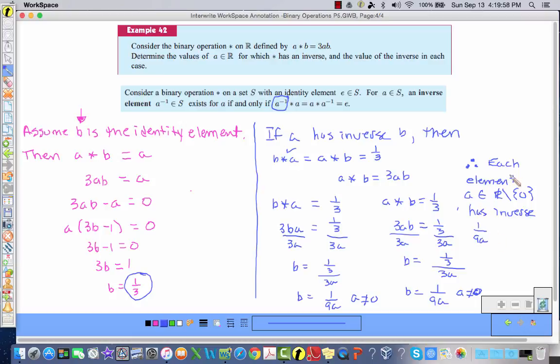Each element A has inverse 1/(9A). And then we would need to state that the element 0 has no inverse. So this is very formal here. If I were to ask you to find the inverse elements for all of A, or if they exist, what are they? You would just have to say 1/(9A) is the inverse element, and that 0 has no inverse. It's the only exception.